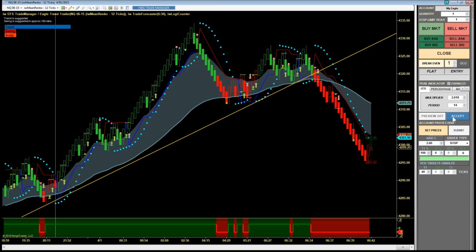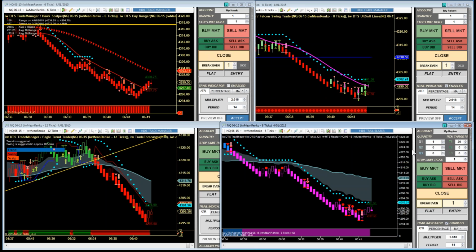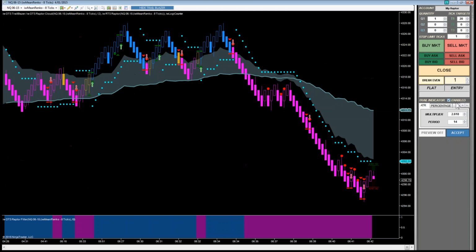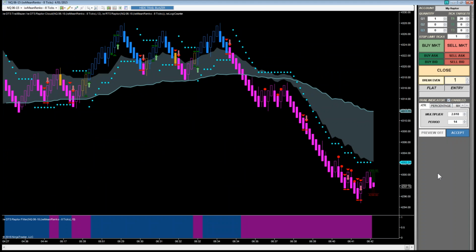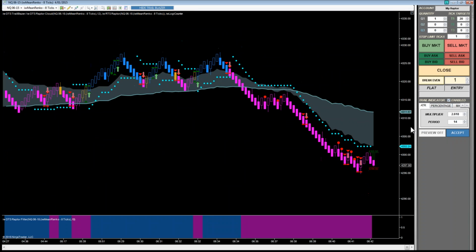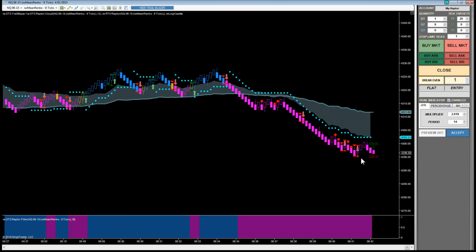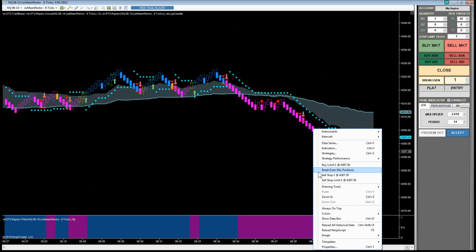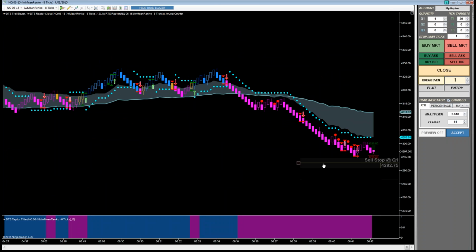The principal difference between Trade Manager that you see here and the Trailblazer, which is what I have on the Raptor, is, well, there's two components really. The Raptor is more of a one-click system. So with the Raptor, let's say I'm going to take this sell signal down here. This isn't really one of our Raptor sell signals, but for the sake of demonstration, let's say I do that.